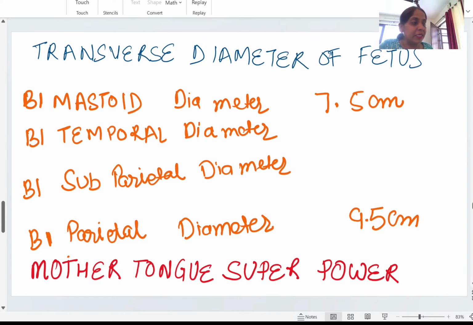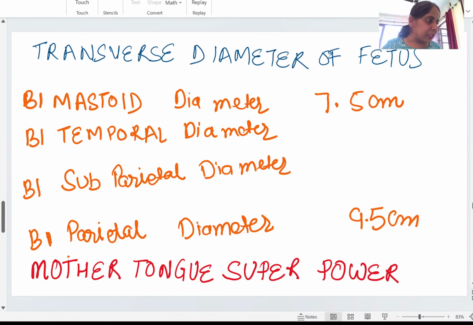What is the transverse diameter of the fetus? See on the camera, these are the bimastoid diameters. As we go from behind the ears upward, the diameter increases.